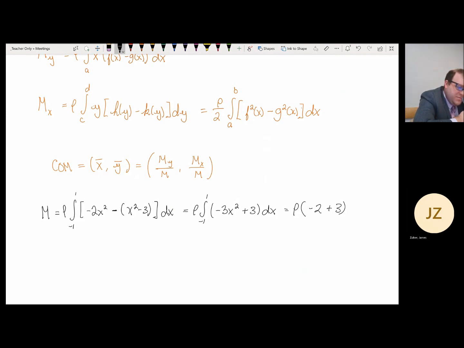That's not right, because it's 3 times 2. The length from -1 to 1 is not 1, it's 2. We get a mass of 4 times rho.